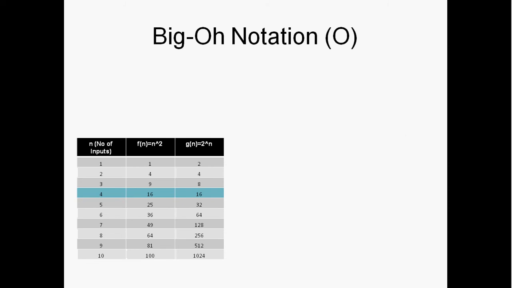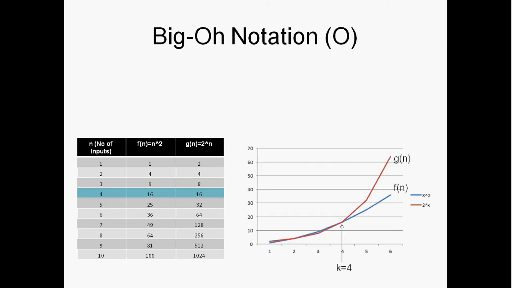But after one point, here row number 4, you will see that the g function always dominates the f function, like g is always greater than or equal to f. That means f is always less than or equal to g after some point, and that point is here, 4.